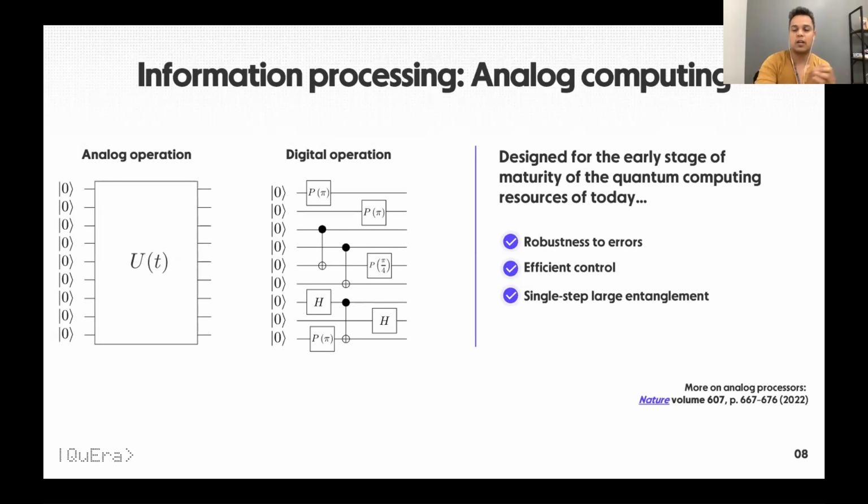Analog means that we are going to continuously drive these atoms in a way that is natural for them, that satisfies their natural operation. This is going to make things more robust to errors, particularly for quantum simulation of dynamics. We don't have to trotterize, if you have heard of that term, because we are continuously driving the dynamics. We follow the dynamics as is. So this is more efficient to errors.